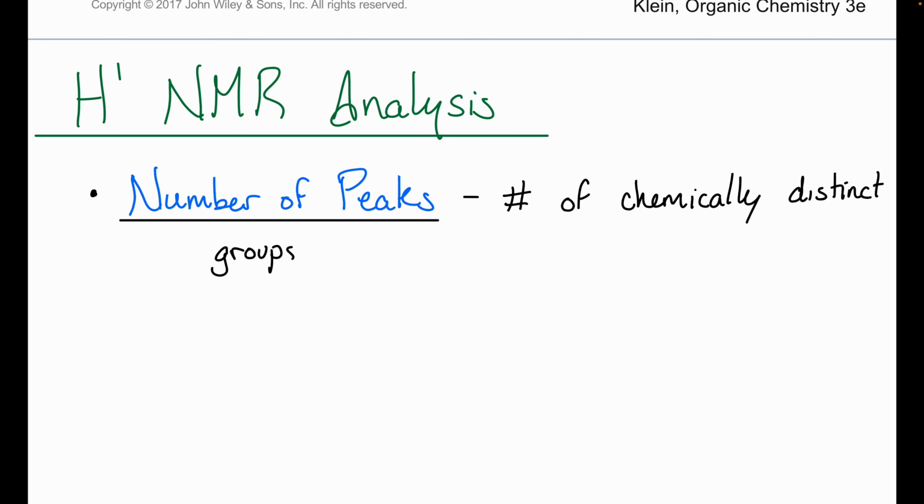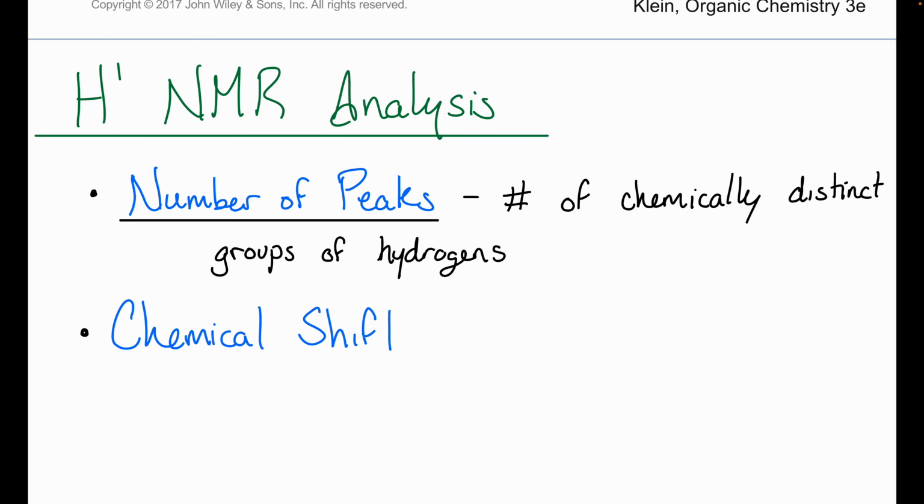But now we're not talking about carbons, we're talking about hydrogens. Okay, so then where on our x-axis, our chemical shift, is another piece of information that we get. Again, telling us about the chemical environment of those hydrogens.